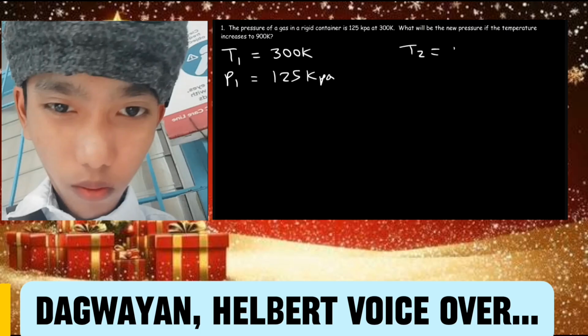T2, the new temperature rather, that's 900 Kelvin. And our goal is to calculate the value of P2. So we're going to use the equation P1 over T1 is equal to P2 over T2. If you flip it, T1 over P1 equals T2 over P2, you'll get the same answer.